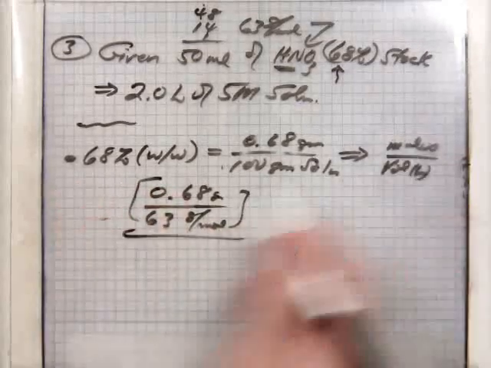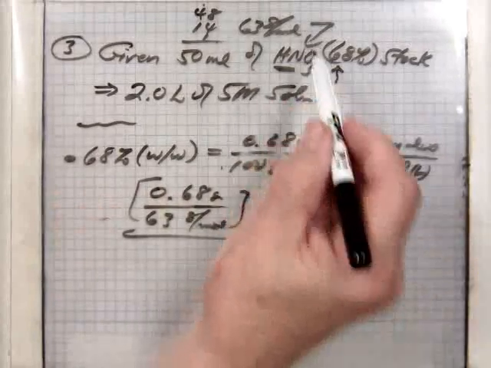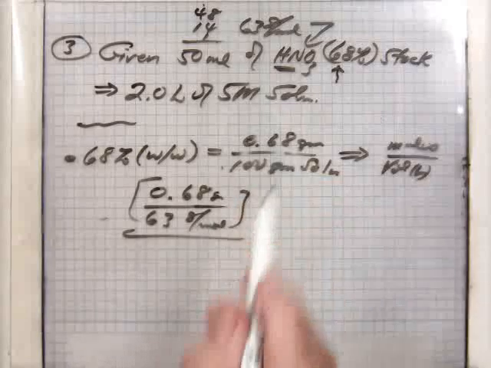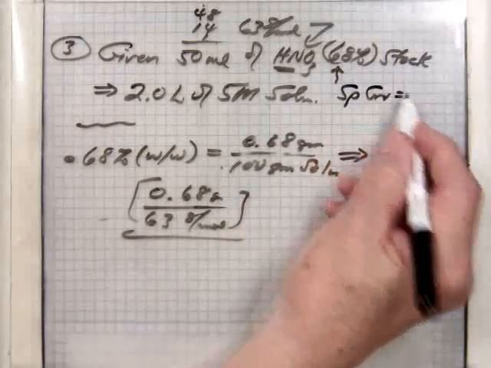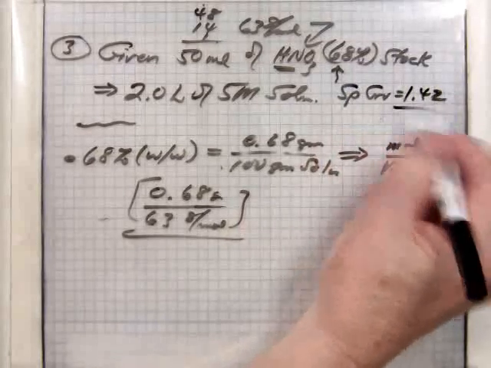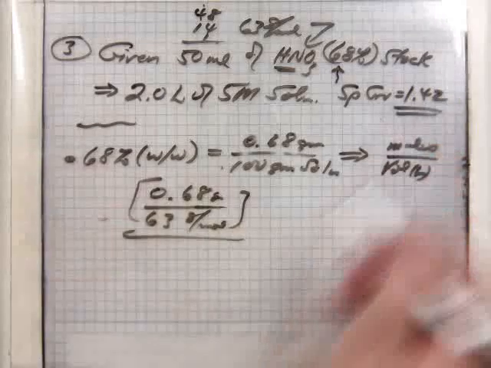So that gets us to moles in the numerator of that relation. And so we have 100 mils of solution that has a specific gravity of 1.42. Well, that means it's grams per mil.